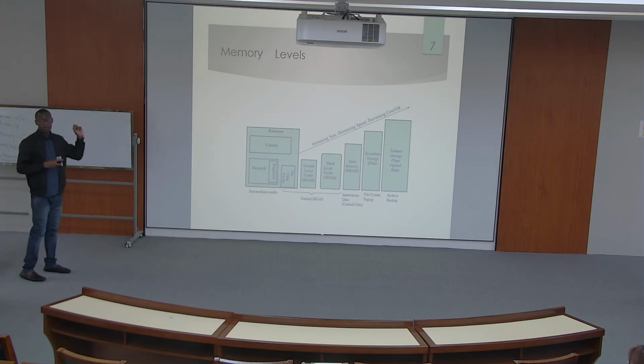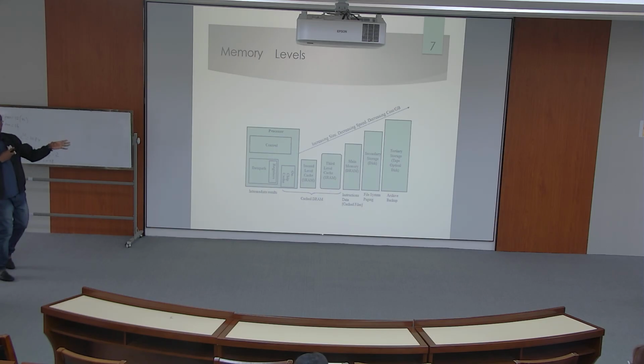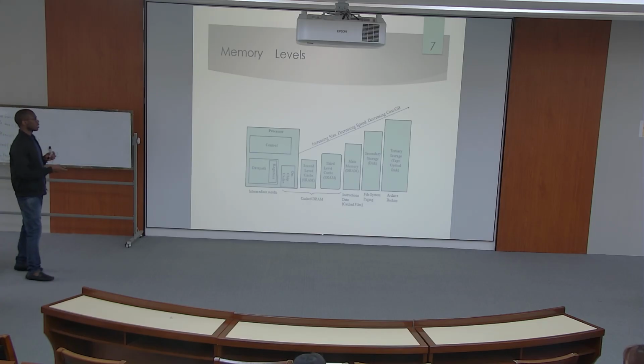Now, after register memory, we also have another level of memory, cache memory. Depending on the technology, we have different levels of cache memory. Maybe we have level 1, level 2, level 3, and so on, depending on the technology.